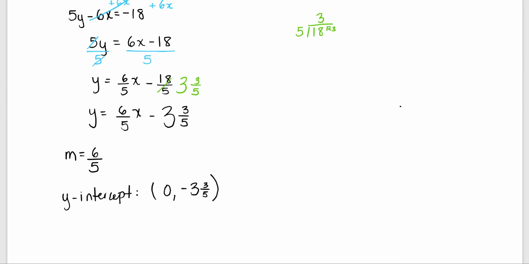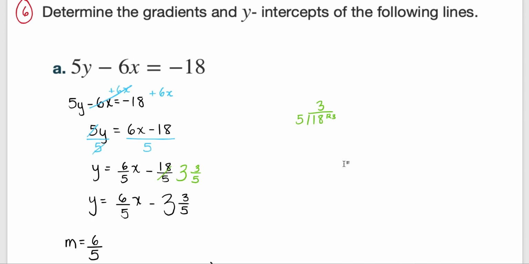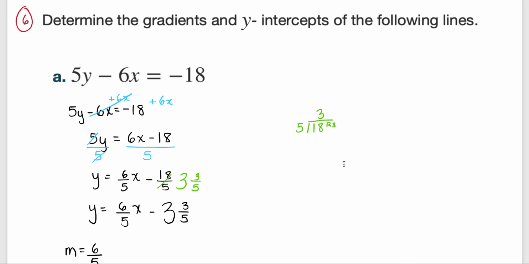Wonderful. So maybe the CAS is not as useful for this one, but I just wanted to show you how I will use my CAS if I had to.